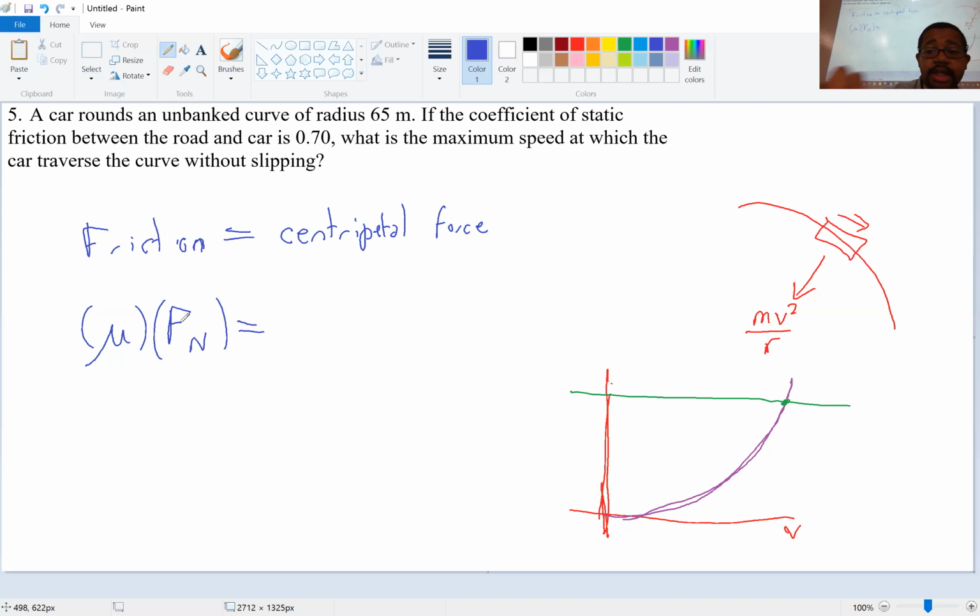The normal force is going to be the mass of this car times gravity. And then centripetal force, we already got that. That's going to be this one, mv squared over r.